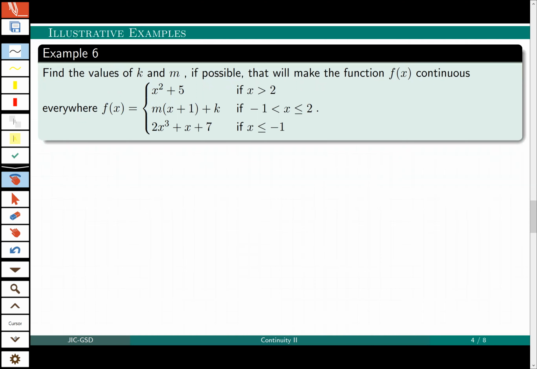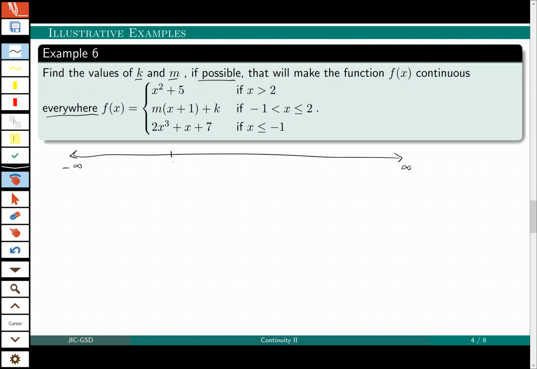Example number 6, here it says find the constants k and m, if possible, that make the function continuous everywhere. So if we look at this question, we have minus infinity to plus infinity, that's everywhere.